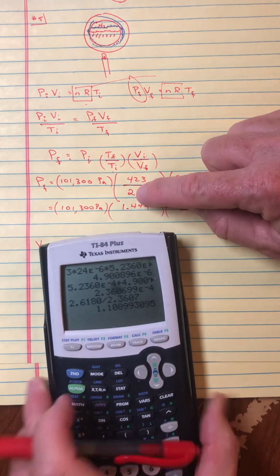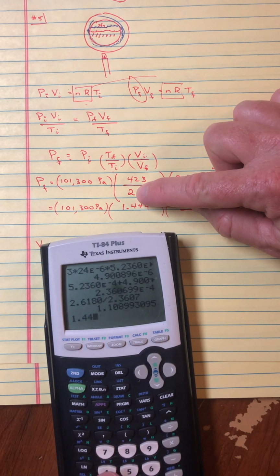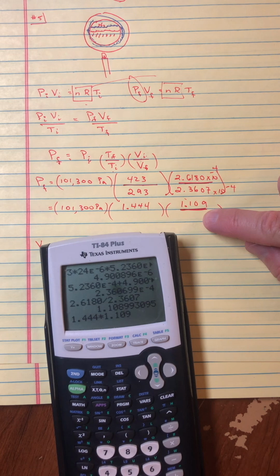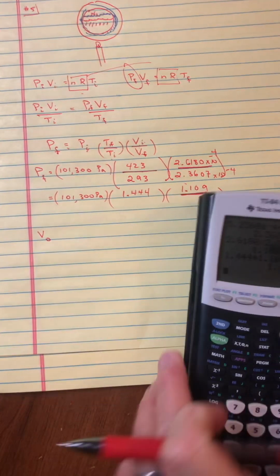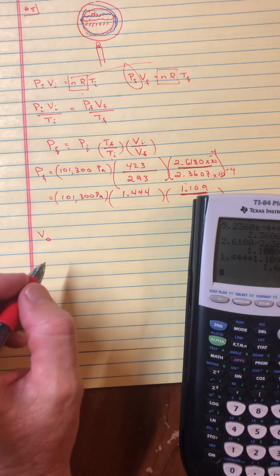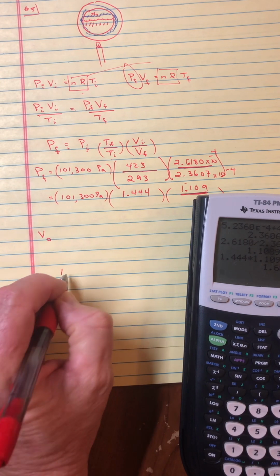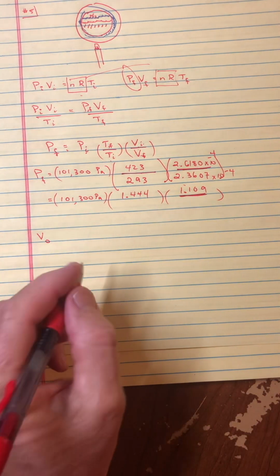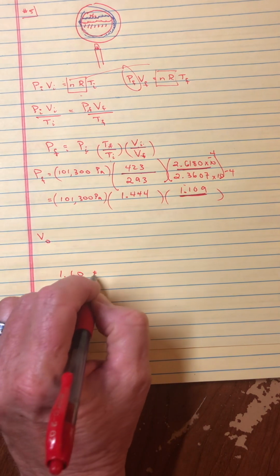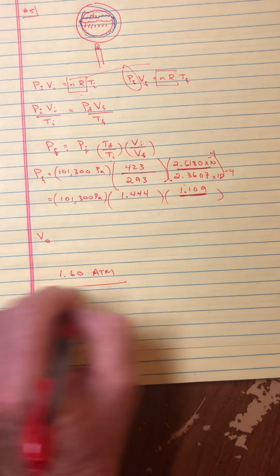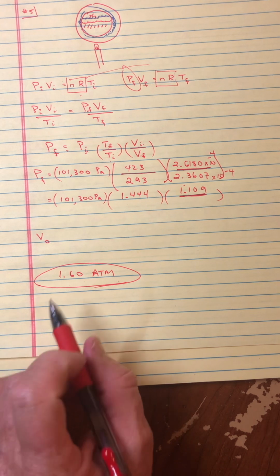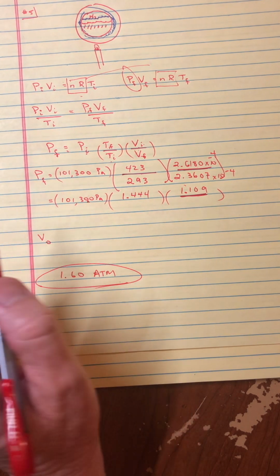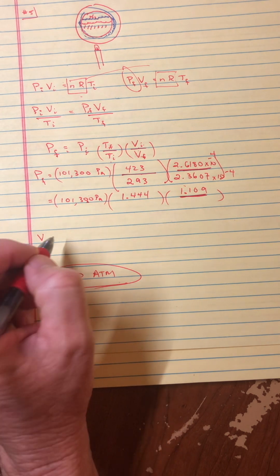And let me do the two factors together. 1.444 times 1.109. And together, this is 1.60 is the total increase. And by the way, that would then be the pressure if I wanted to know it in atmospheres, because this P would be in 1 atmosphere.